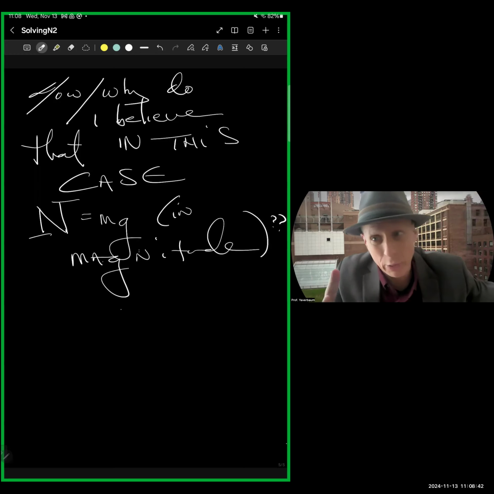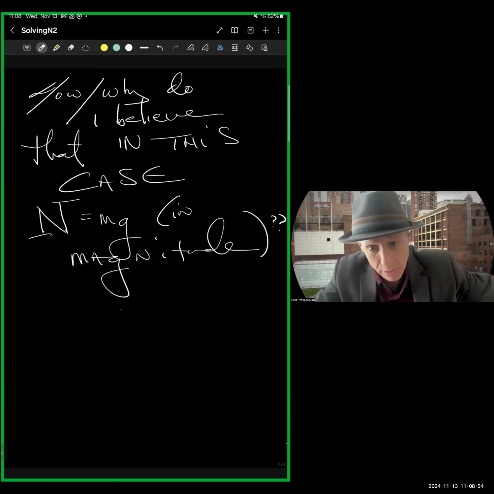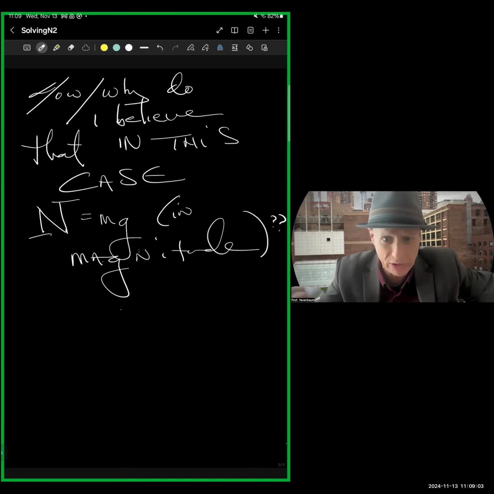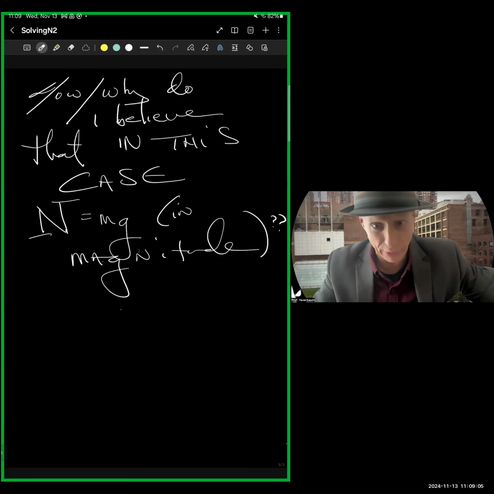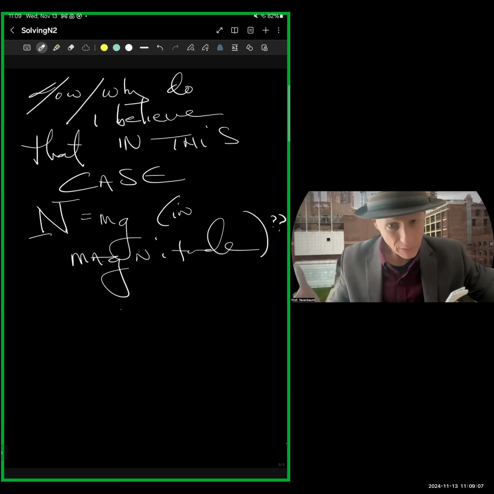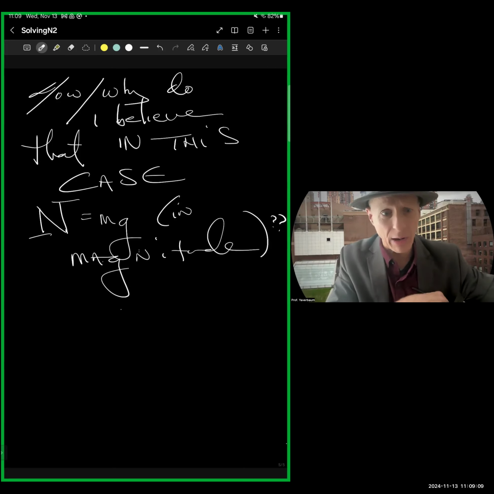Now, I'm not trying to trick you, and I will move on in a second. If you're looking at that diagram and you think the upward force of the table in magnitude equals the downward force of the earth, the apple's weight, you are correct if you believe that they were equal in magnitude. But what's the reason? Are they always equal? No, they're not always. How do we know in this case that they are?